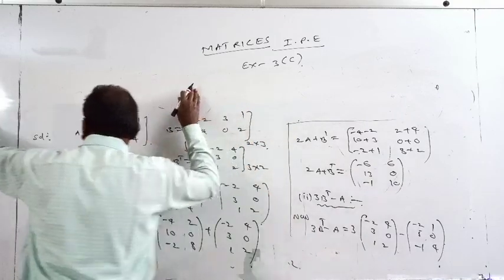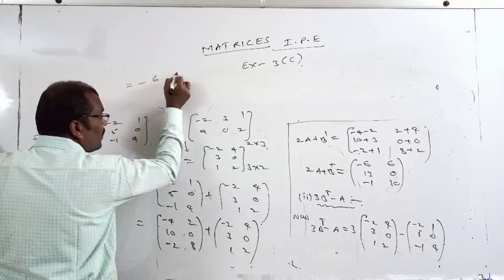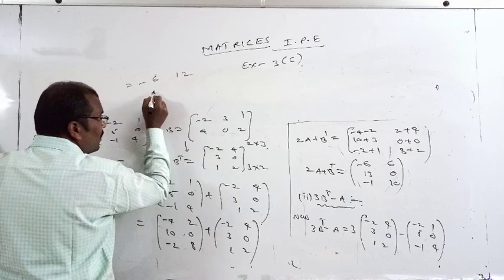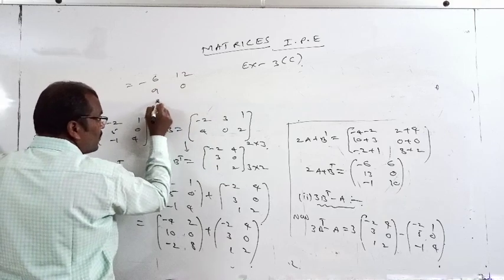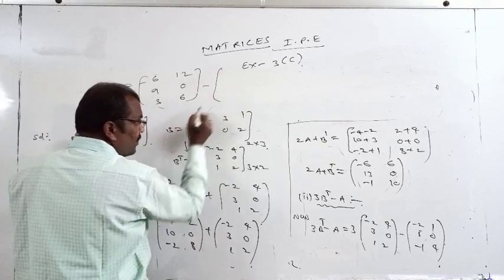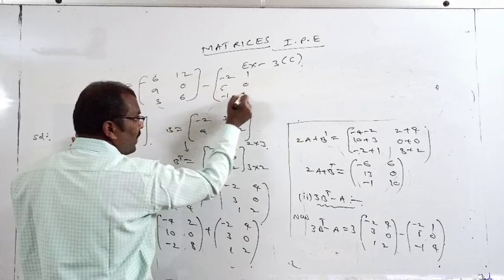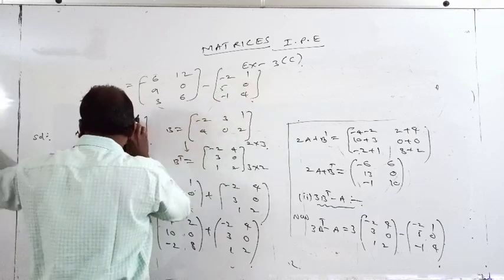Minus 6 12, 9 0, 3 6, minus [minus 2 1, 5 0, minus 1 4]. Now we can take the subtraction.